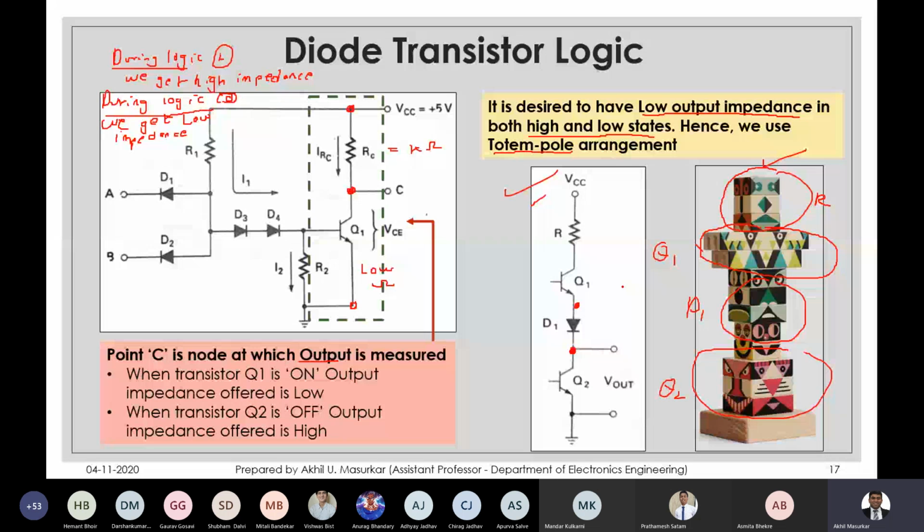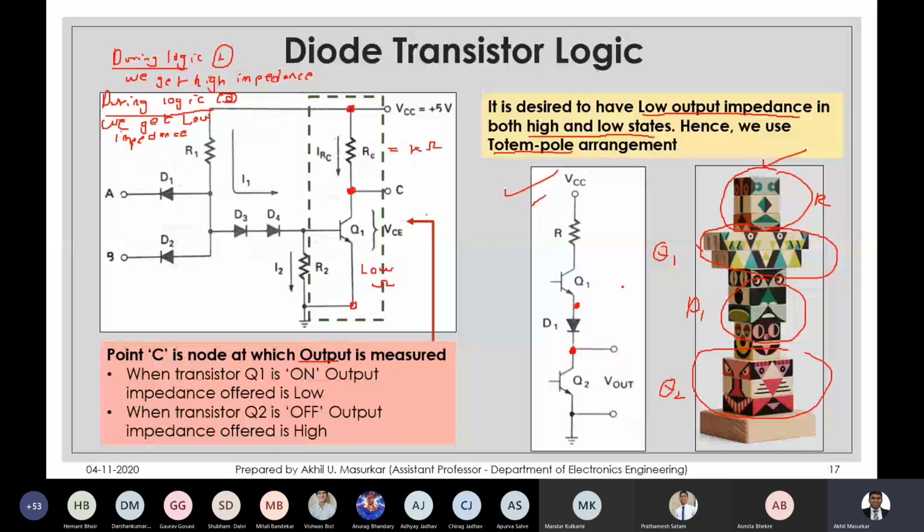That is to ensure that the output impedance is the same during both high and low conditions at the output, and not just the same, it should be as low as possible.